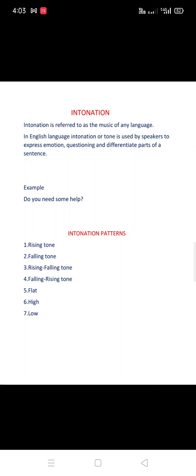So I am not actually offering help. I am telling you in a sarcastic tone, do you need some help? So the sentence is the same, but I am using different intonation patterns. That's why I call intonation the music of any language, because intonation is regarding pitch or tone.